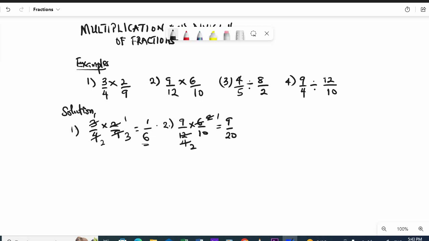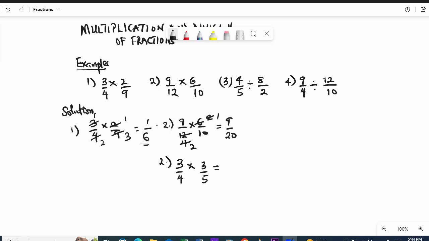Now, say we want to solve by putting the fractions in their lowest terms. 9 over 12 in its lowest terms is 3 over 4, times 6 over 10 in its lowest terms, which is 3 over 5.